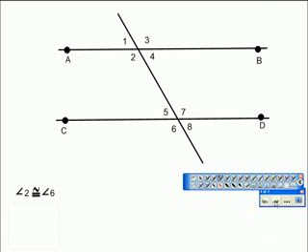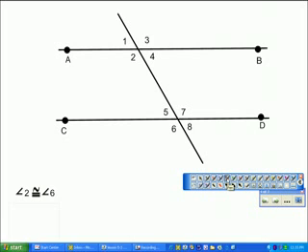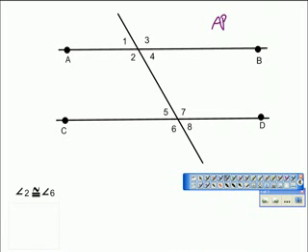I want you to look at angle 2 and angle 6. What is their position relative to both the transversal and the two parallel lines? They're both on the left and the bottom. First thing I have to tell you in order to do this problem is AB is parallel to CD.